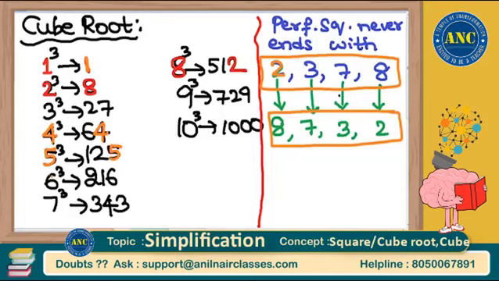Similarly, 6 will have 6 itself, and 0 will have 0 itself. 9 cube also will end with 9 itself. Only these four numbers will have different digits, which are the tens complement. I hope the concept is very clear before we start taking some of the cube root questions. I hope the idea is clear, sir.